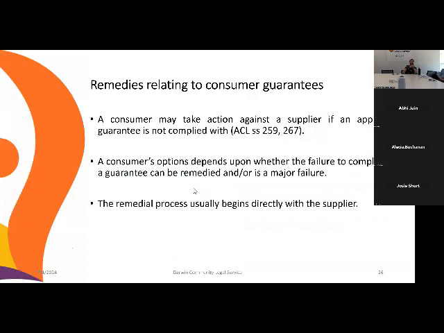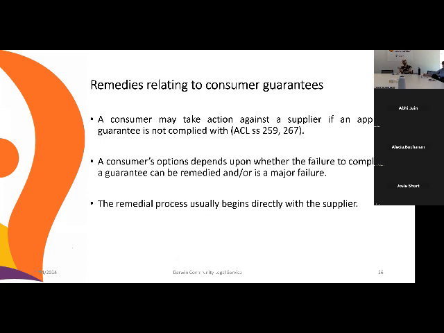I'm just going to move the chat box. So essentially, with consumer guarantees, if a consumer guarantee isn't complied with, and it's a good, you want to be going straight to section 259. That outlines your remedies relating to a contravention of the consumer guarantees regarding the supply of goods.